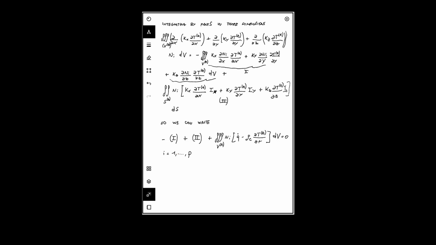Now we have to consider the boundary conditions.